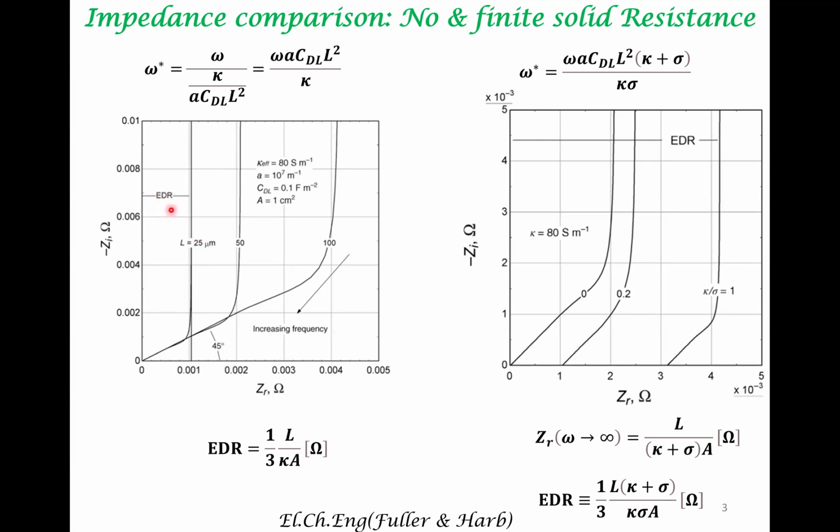That's what we meant by equivalent distributed resistance. For these curves, it took up this value. This looks like a third of the resistance. This is the resistance, this is a third of the resistance. So here, one more conductivity term is taken into account, and the equivalent distributed resistance, EDR, gets modified via this formula.